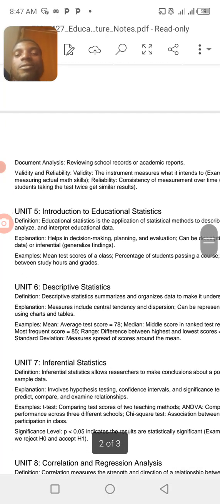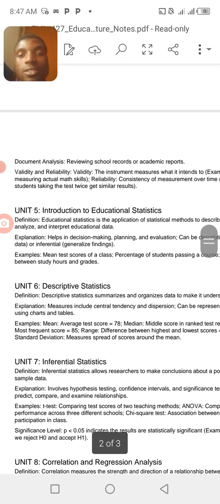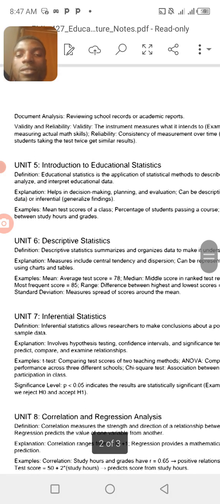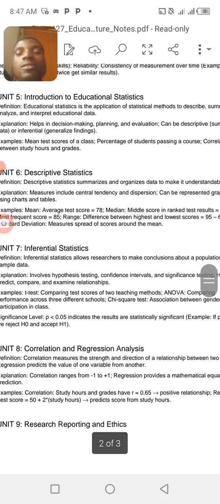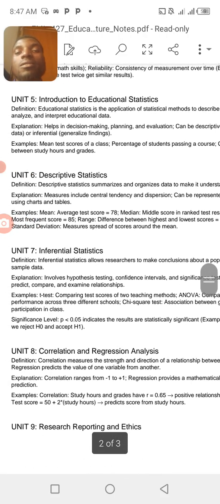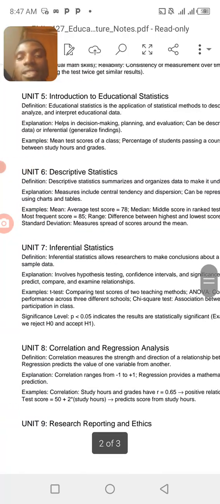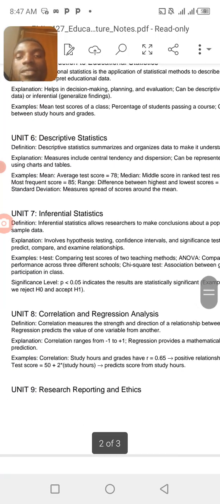Unit 5, we are going to talk about Introduction to Educational Statistics. We're going to learn the meaning of educational statistics. In the 6th, we are going to discuss descriptive statistics, how we can summarize and organize data to make it understandable.